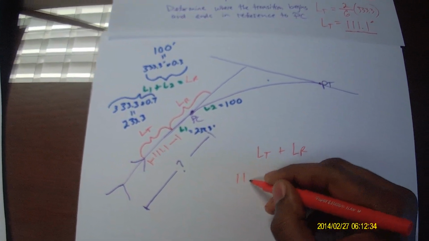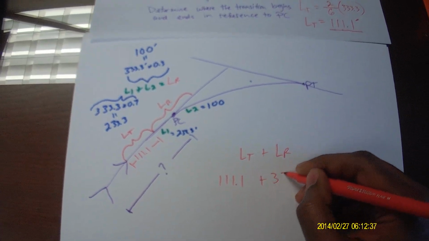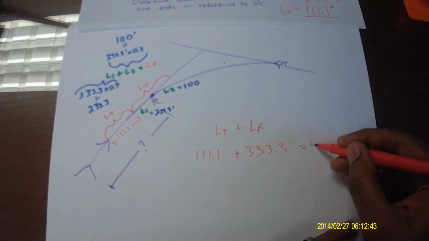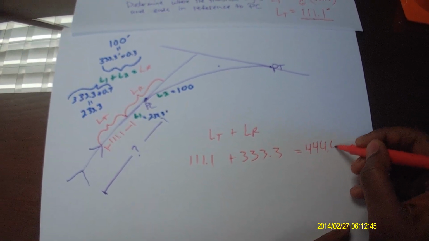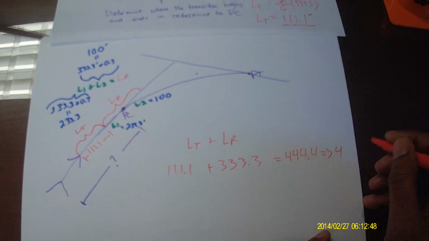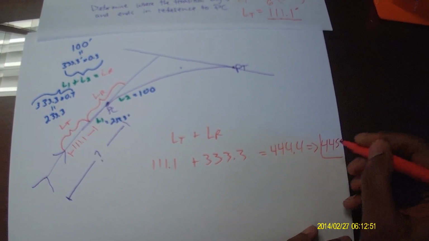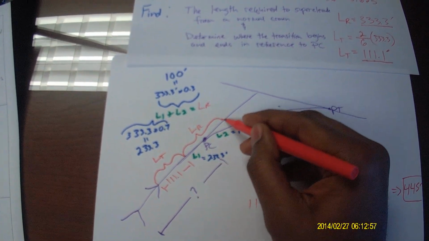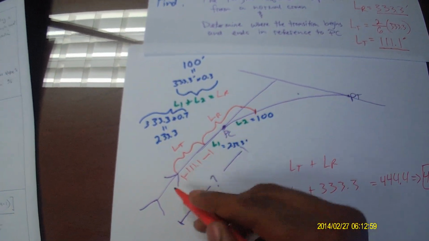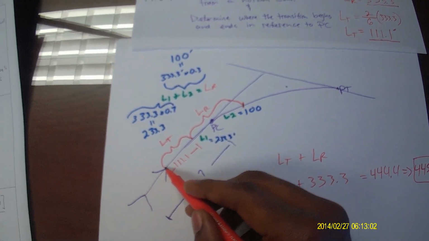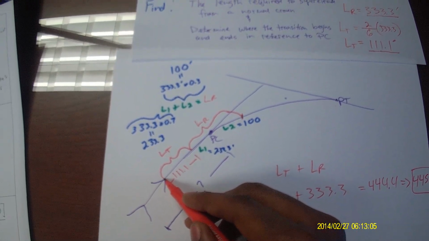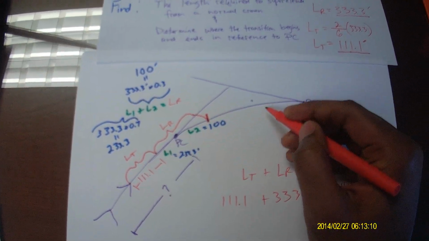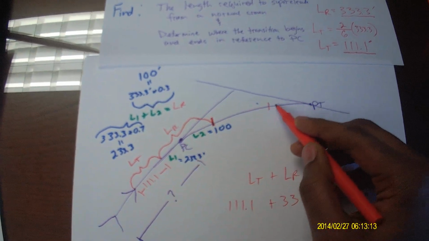That is 111.1 plus 333.3. So the first answer that I'm going to get is 444.4, which we're going to round up to 445 feet. That takes care of the first one. Once I reach 445 feet into the curve from the very first location where we began to superelevate, I will now have a full superelevated road, and that will continue and basically just mirror what went on here.